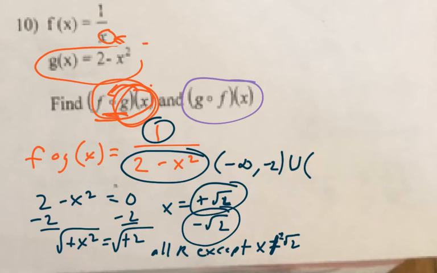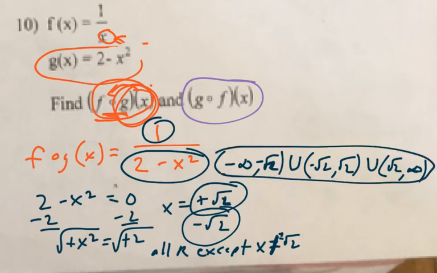So it's going to be negative infinity to negative square root of 2, union with everything from negative square root 2 to positive square root 2, union with square root 2 to positive infinity. And now that I come to think of it, I don't like that answer for my domain.